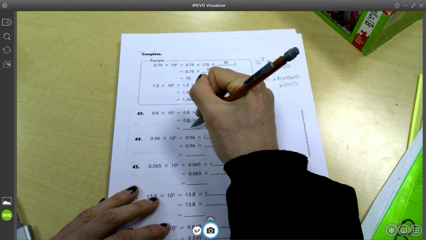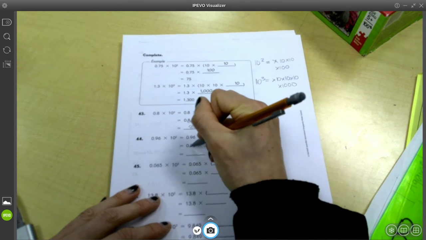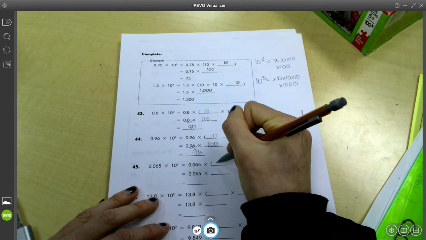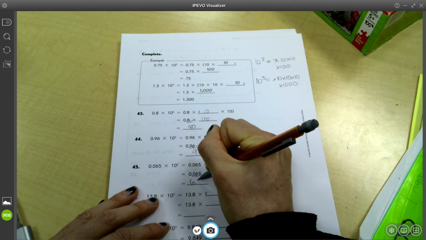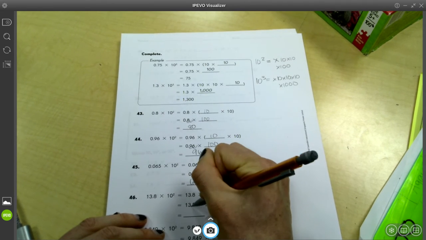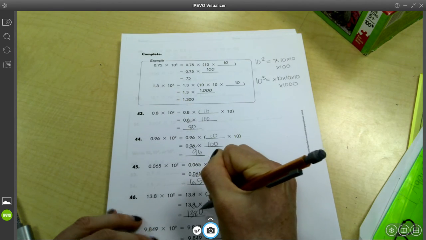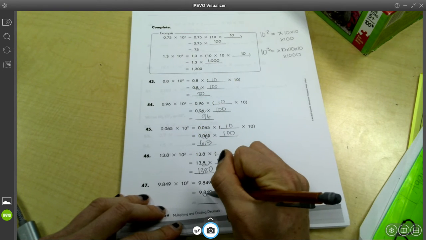So 1, 2, 80. 96 times 100, 1, 2. 10 times 100, 1, 2.